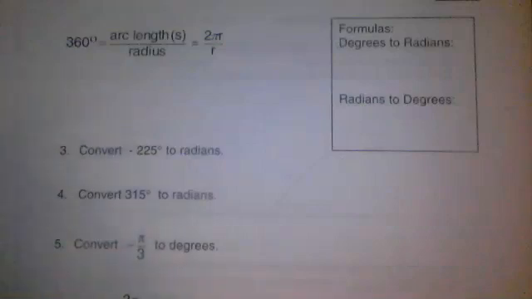So on the back, we're going to continue that comparison of degrees to radians. So we know that 360 degrees is all the way around the circle. And if I go all the way around the circle, then my arc length here is actually equal to the circumference, because the circumference is the distance all the way around the circle.